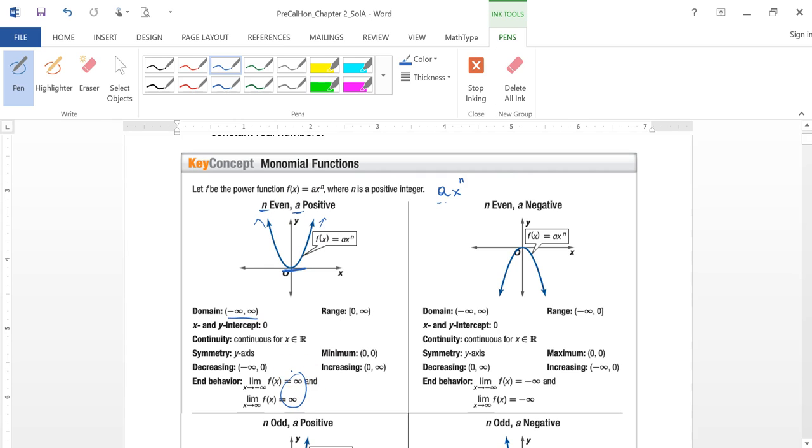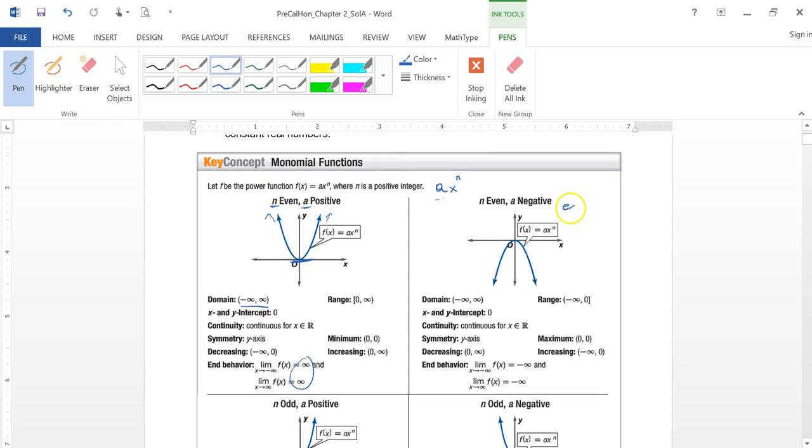Okay? Now, when a is negative, so for example, if you have negative 2x to the 4, okay? You still have something that looks like a parabola, but now because the a is negative, it's facing down. The domain remains unchanged. The range now goes from negative infinity to 0 because you have the negative portion of the y-axis.